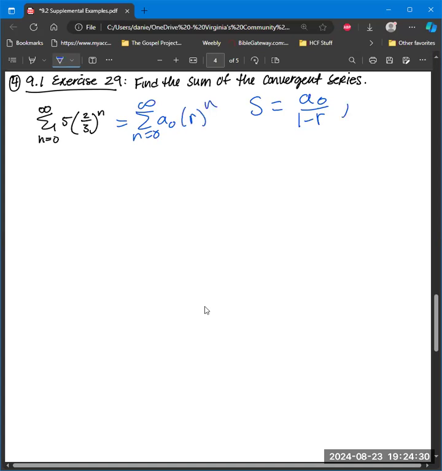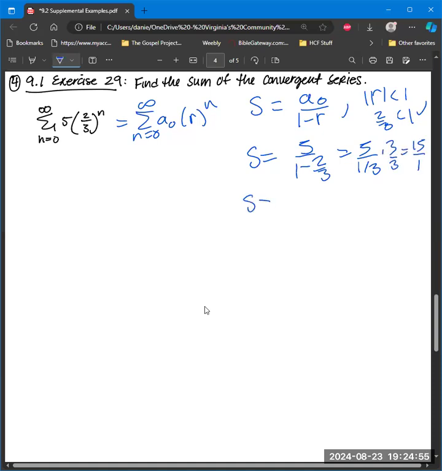This has to be the absolute value of r is less than 1 for that to work. And it is here. 2/3 is less than 1, so it's going to converge. And it's going to converge to 5 over 1 minus 2/3. It's 5 over 1/3 multiplied by 3 over 3, and we get 15 over 1. S is equal to 15.